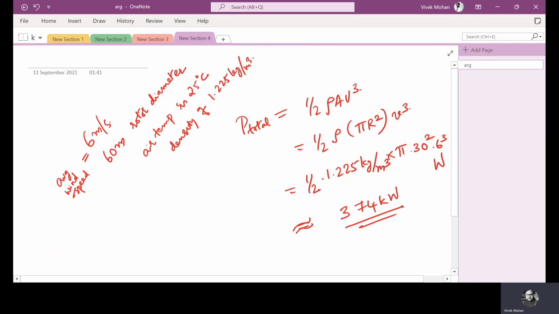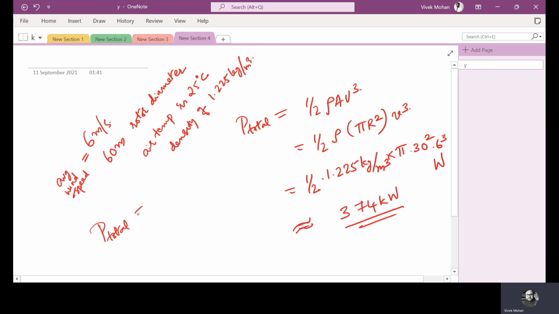Now in this example, if the wind speed is 4 meters per second, then what will happen? So earlier the wind speed was 6 meters per second. Instead, if it is 4 meters per second, then what happens to P total?